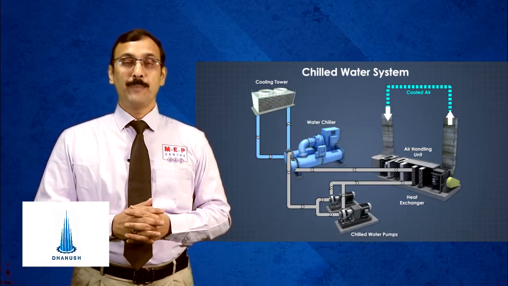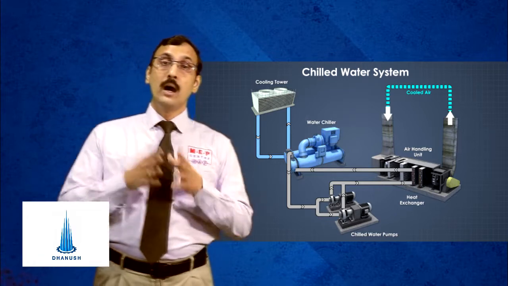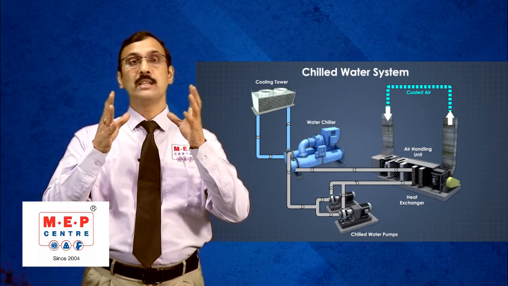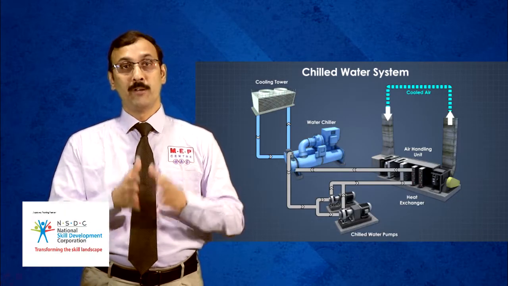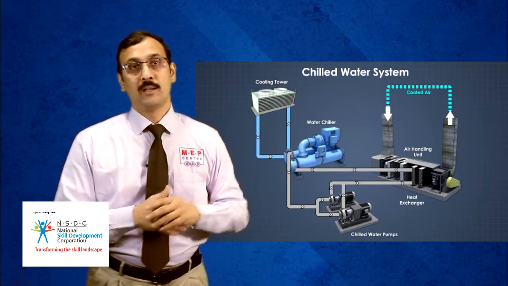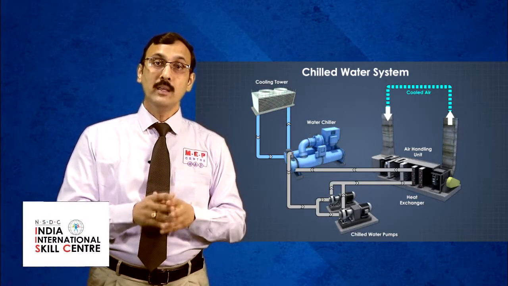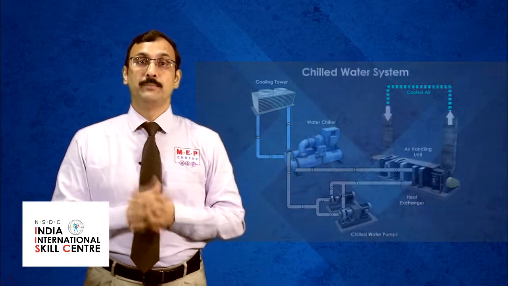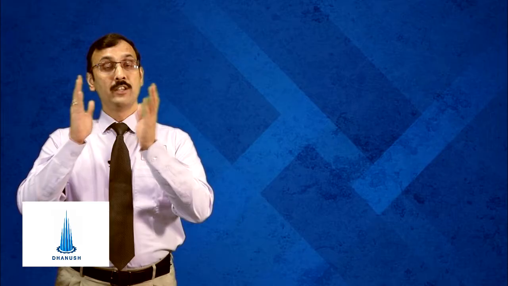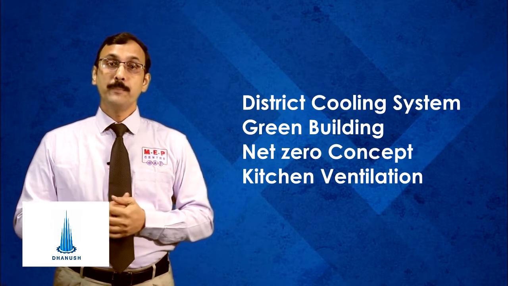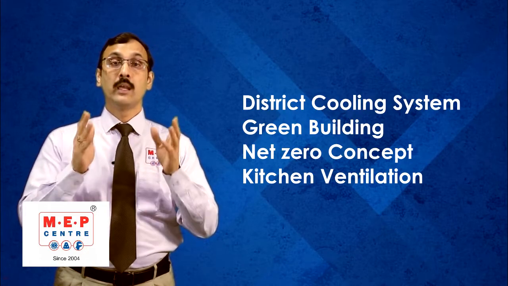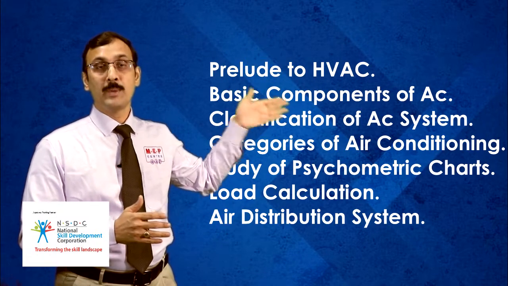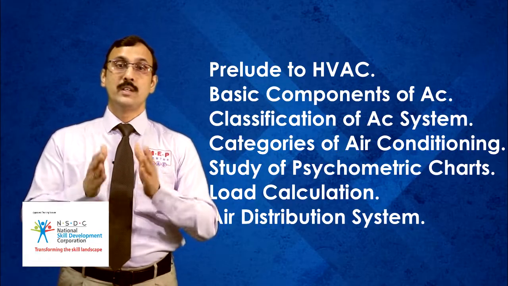Apart from pipe size calculation, we also need to design the capacity of the pump through which the chilled water is going to be pumped from the chiller to the air handling unit. So this also we are going to learn in the hydronic system. We also teach you about different air conditioning concepts: district cooling system, green buildings, net zero concept, as well as kitchen ventilation.